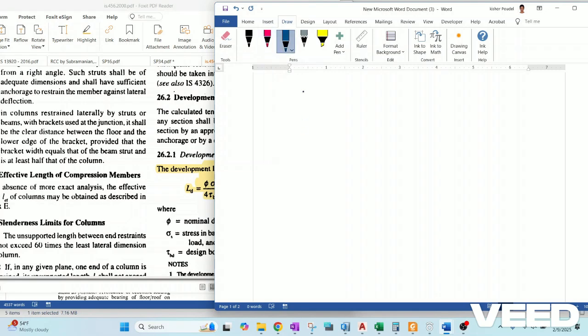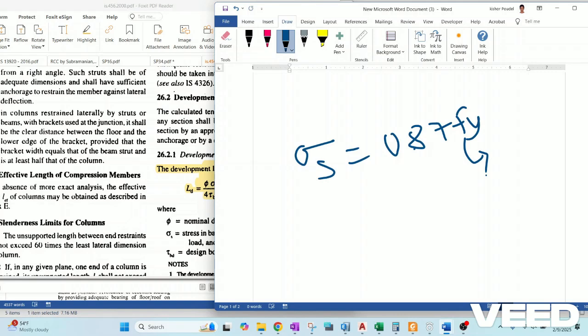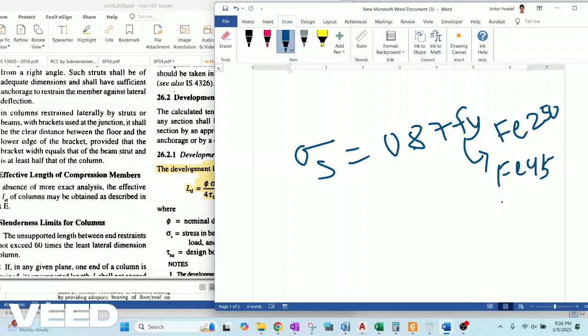That value is sigma s equal to 0.87 Fy, where Fy is the characteristic strength of steel, and it generally depends on the type of bar. In the market there are generally three types of bar: Fe 250, Fe 415, and Fe 500. Generally we use Fe 500 in most cases.